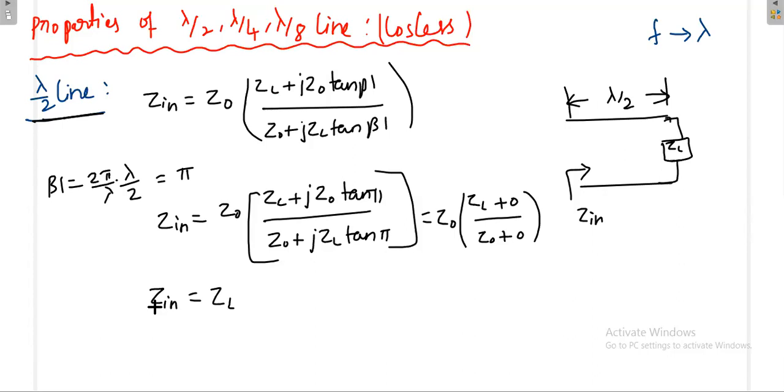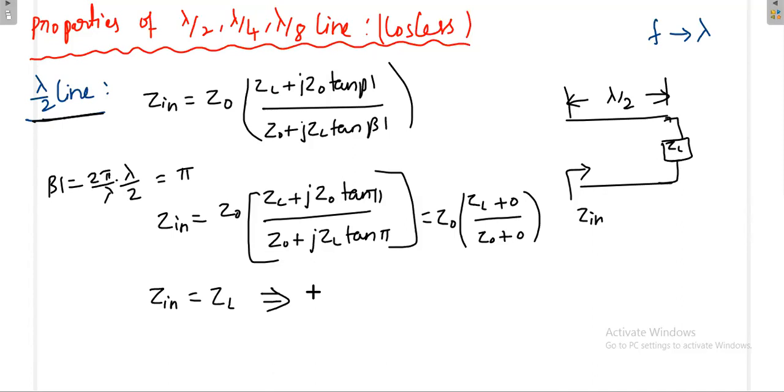That means when you have a lambda by 2 transmission line terminated with ZL, your input impedance is the same as the load impedance. This can also be extended, because even if you have another lambda by 2 section, you will get the same impedance, because for every lambda by 2 the characteristic is repeated.